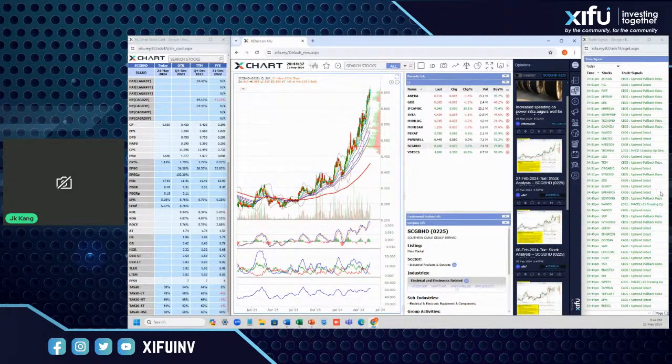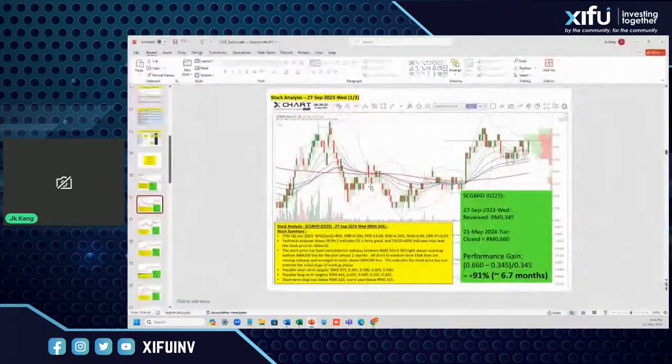So as you can see from this analysis on this SGG, from 27 September last year, we started to publish at the 60s, and until today it is at 66 cents.